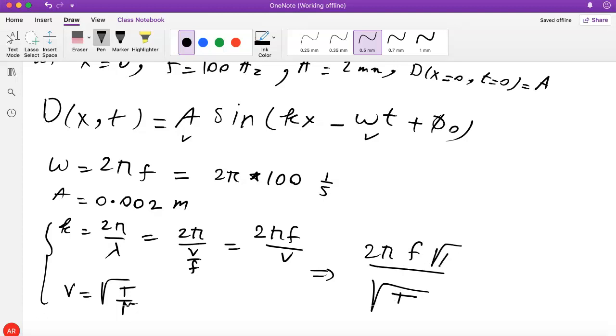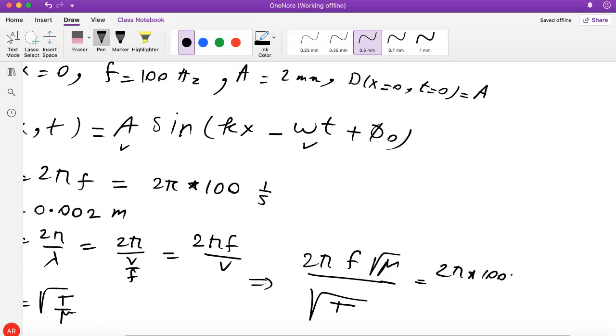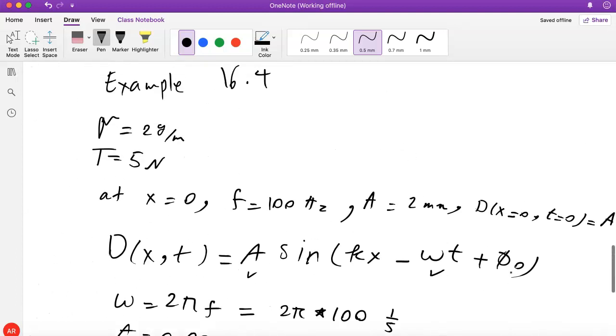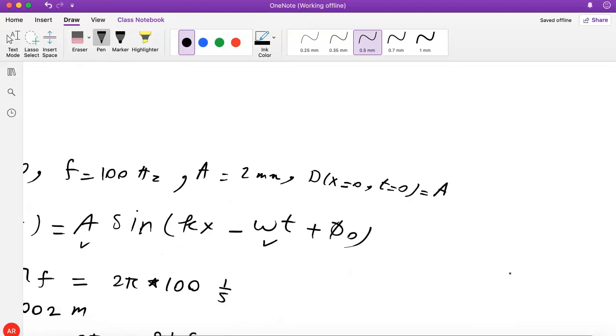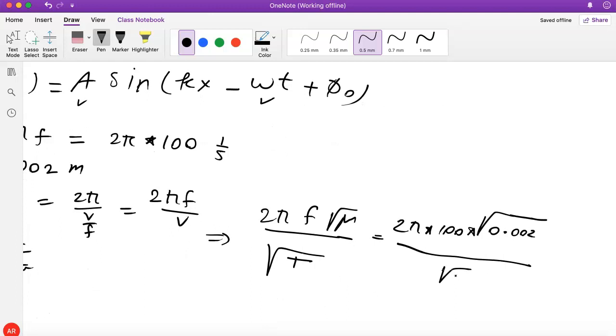So let me take that upstairs, and if we enter these numbers in the proper units, so let's again write that 2 pi times 100 times 2 grams per meter. So gram is again 0.002, this 2 over 1,000. And then the tension is 5 newtons, so that's the square root of 5.